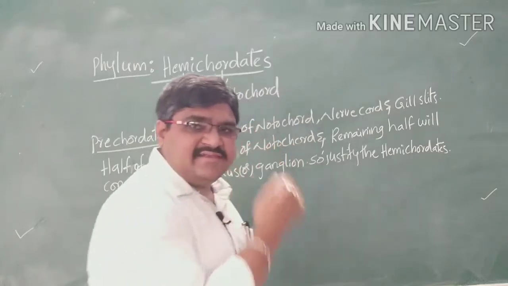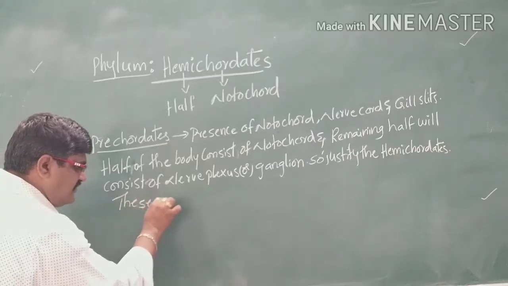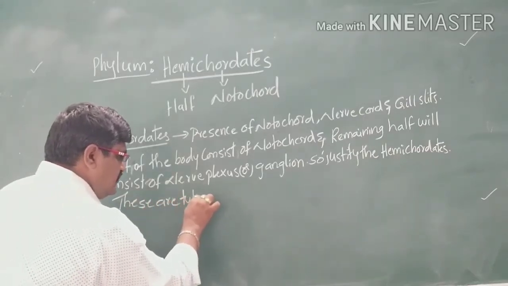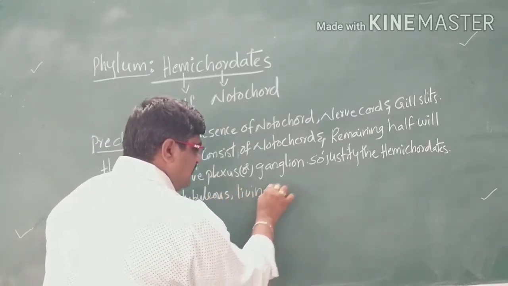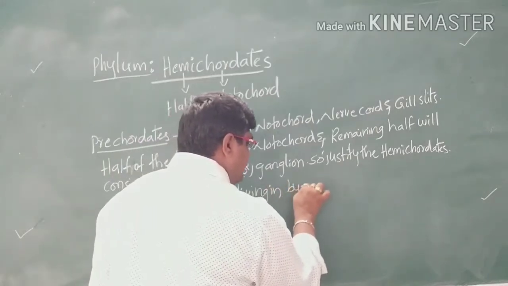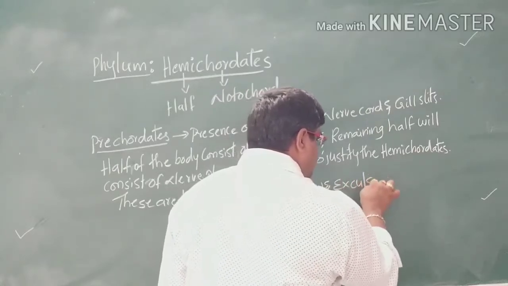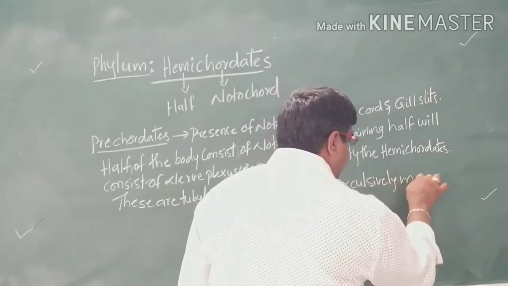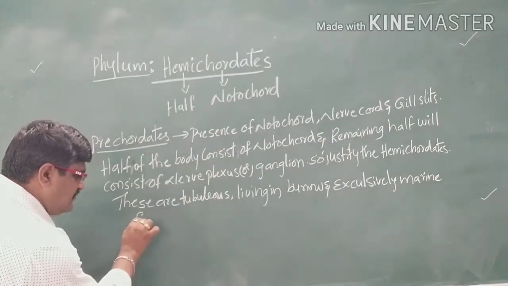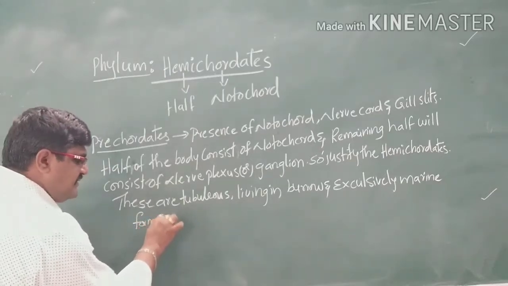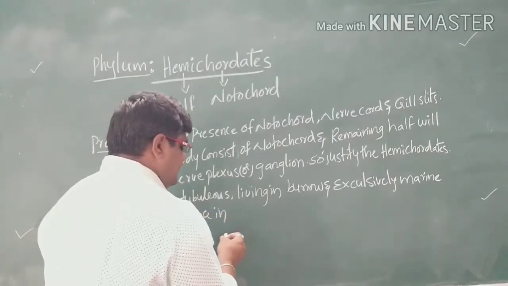Now coming to the characteristics. First, these are tubicolous, living in tubes and burrows, and all are exclusively marine forms, present in coastal waters.